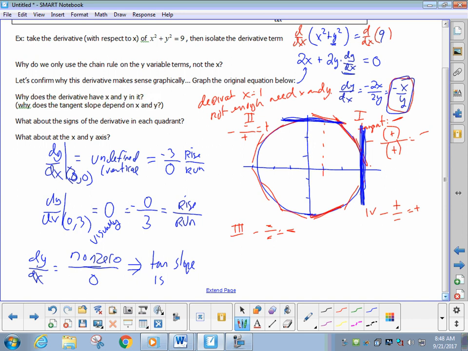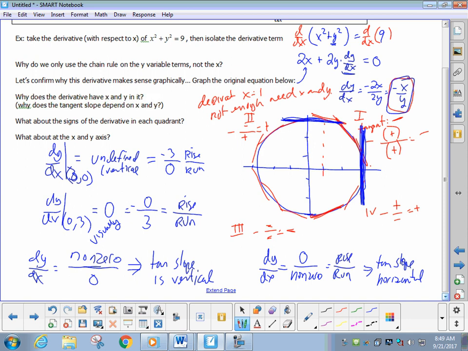What is that? Vertical. If dy/dx is 0 over non-zero, that means there's no rise but some run. That is a horizontal tangent slope, which makes sense. We already know from this week that if the derivative is 0, that's a horizontal tangent.